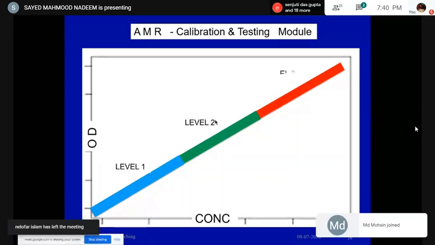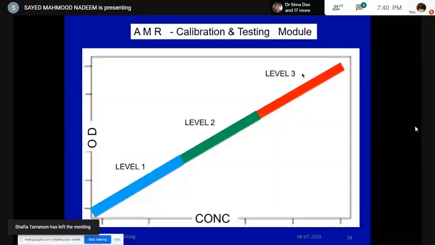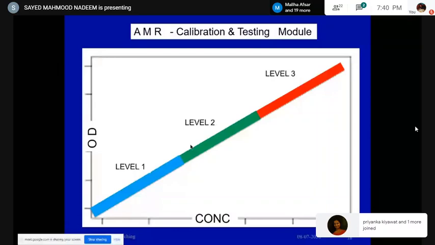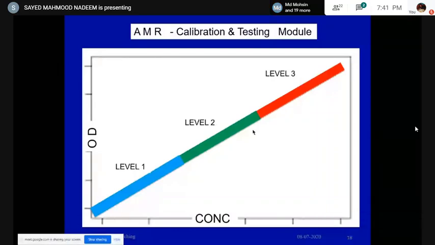The red area represents the upper one third, the high level control which we are using. So whenever we see any anomaly of the controls, we should immediately think that this is in relation to the respective part of the analytical curve.